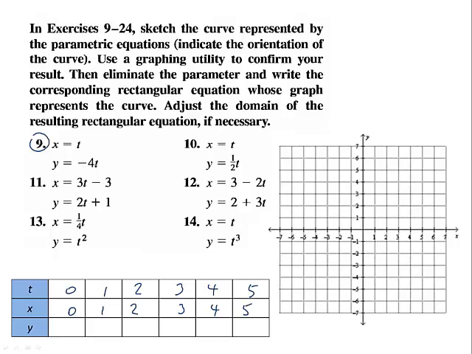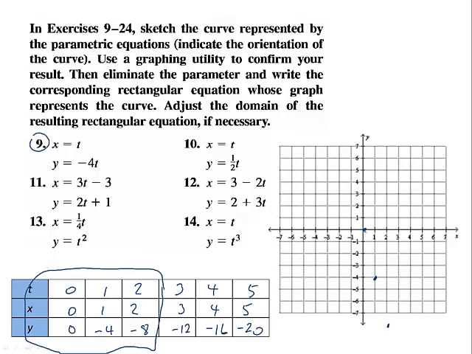When I put those in for y, I get 0, -4, -8, -12, -16, and -20. Since my graph only goes up to 7, I can probably only do the first 3 points here: (0, 0), (1, -4), and (2, -8).